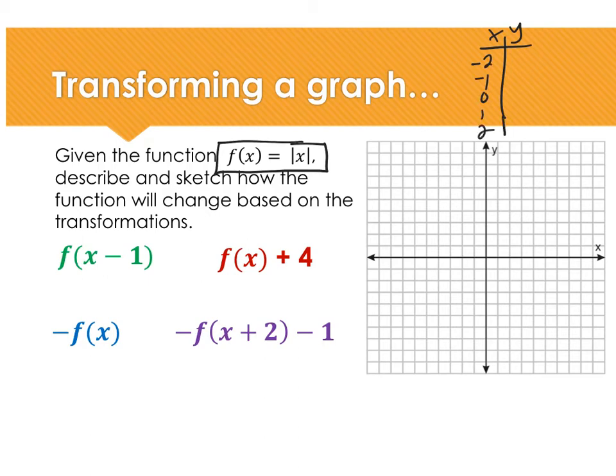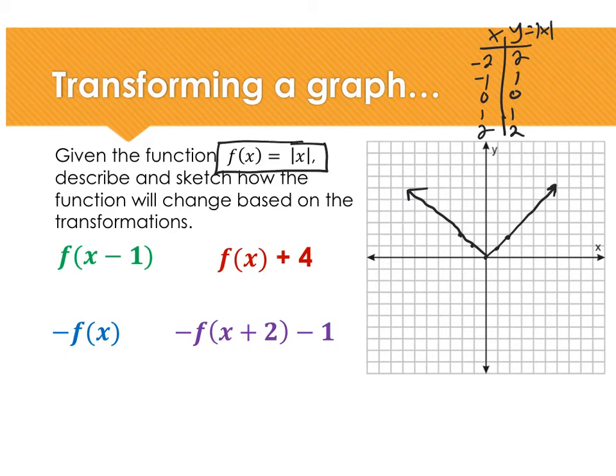So I'm going to pick about 5 points here, but if I sub in negative 2 in for the absolute value of x, that's going to be positive 2. If I sub in negative 1, that's positive 1. If I sub in 0, it's 0, and 1 and 2. So if I plot those points, negative 2, 2, negative 1, 1, 0, 0, 1, 1, 2, 2, you're going to get this V-shaped looking graph that you might be familiar with for absolute value.